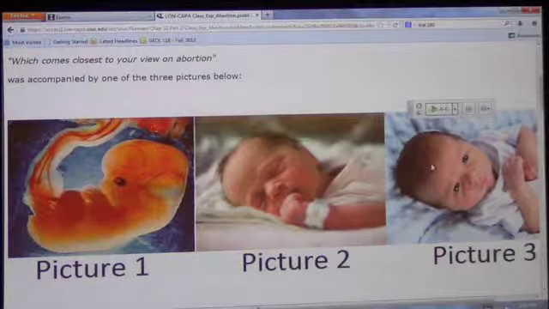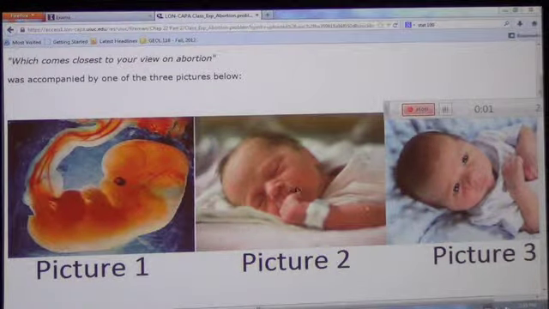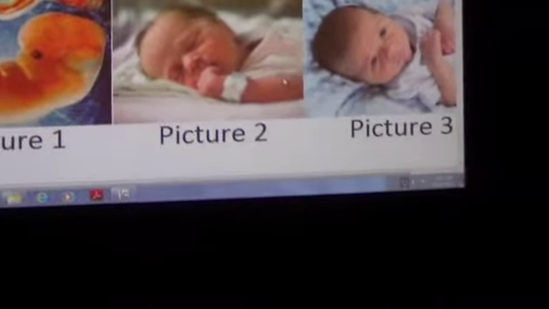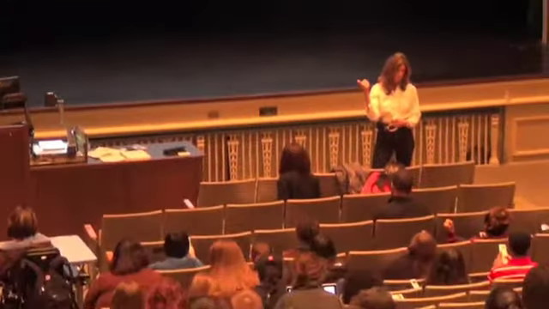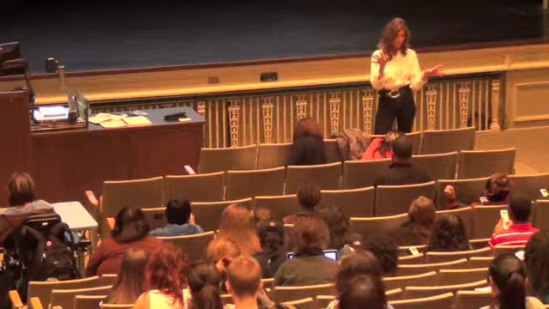So, do you want to vote on it? I'm going to start it. If you think there's really not going to be any difference, the null is going to be true, that your feelings about abortion are not going to be influenced by pictures like that, vote A. You can't get this wrong.